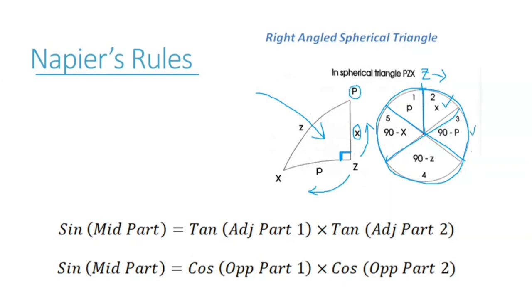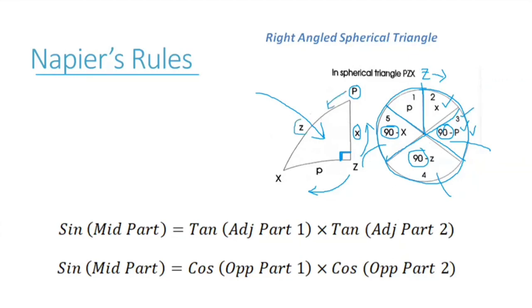Now in the bottom 3 parts, you see we write 90 minus, 90 minus, 90 minus. And whatever part is filled up, it comes after this value. After 90 minus, we put the part of the triangle. So in number 3 part here, you see it is 90 minus P. Can you go further?